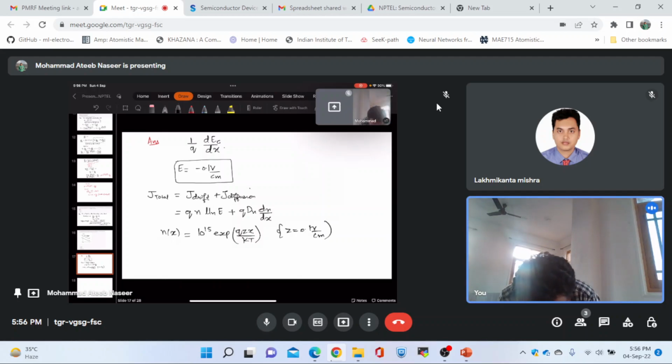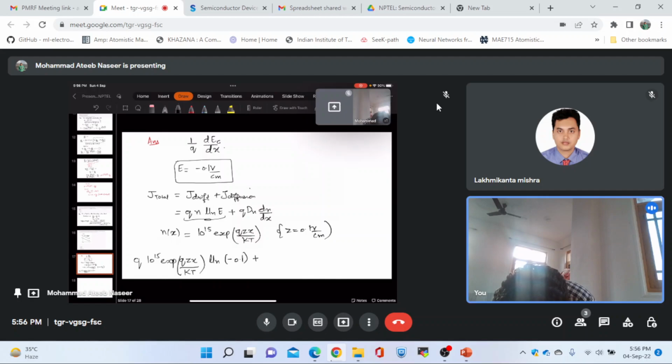So let us substitute this expression over here. The drift term will simply be equal to Q times N, which is 10 to the power 15 exponential of qzx by kT, into mu n into minus 0.1. This thing is written over here.